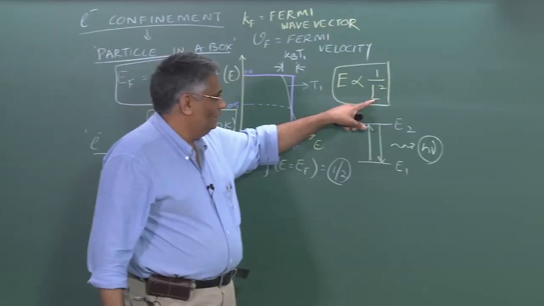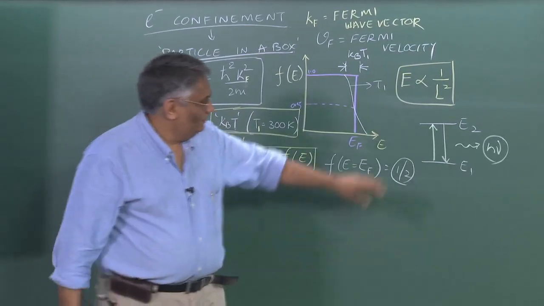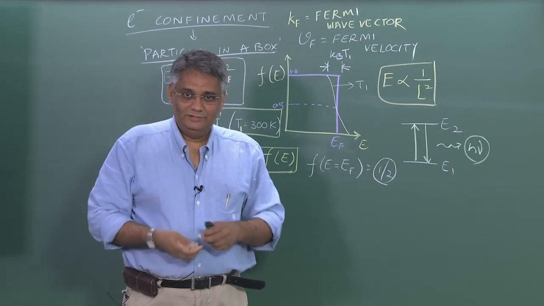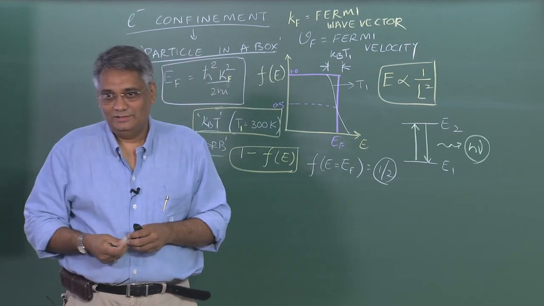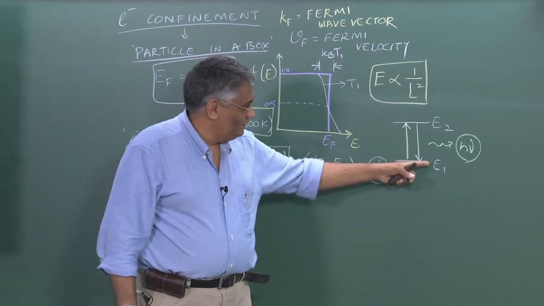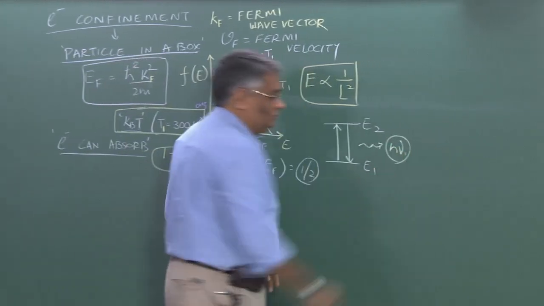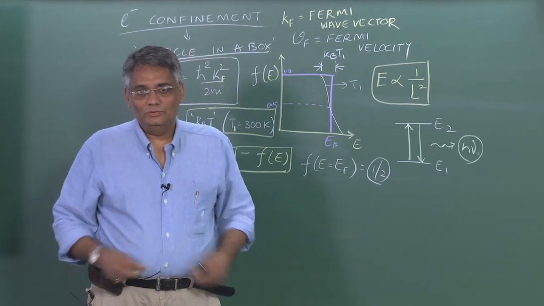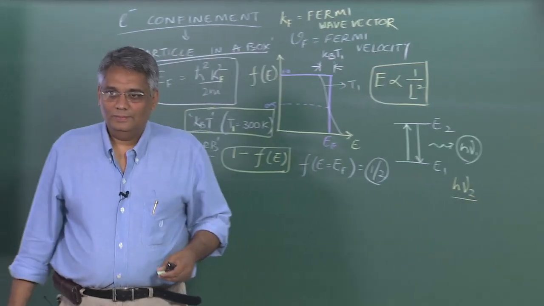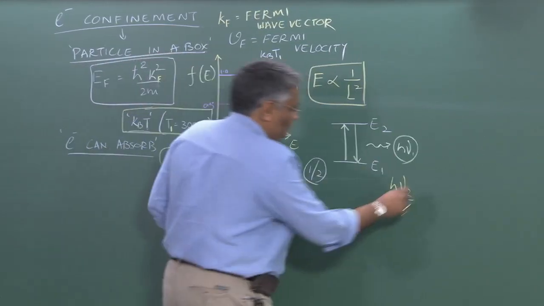Now what happens? As the particle size decreases, you will certainly see the separation between these energy levels changing. And once that changes, the same transition that you see here between E1 and E2, giving rise to say H nu 1, will change over to H nu 2, and H nu 2 is obviously greater than H nu 1.